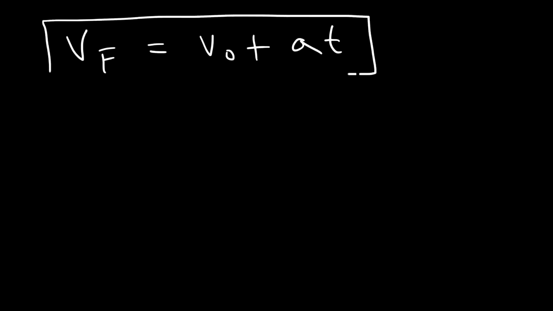So anytime you want to calculate the final speed for any object that's undergoing accelerated motion, you can use this equation. The acceleration has to be constant, by the way, for this to work. So when an object is moving with constant acceleration, you could find the final speed given the initial speed, the acceleration, and the time.